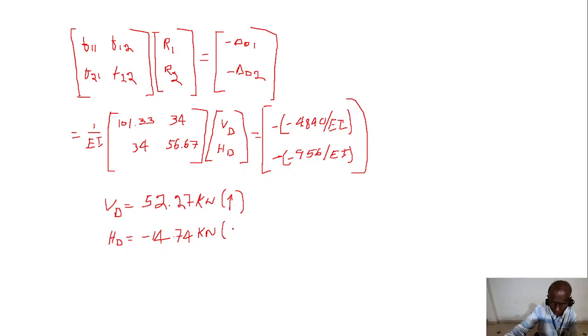So the minus sign indicates the left hand direction. So these are the reactions we will find by the flexibility method. After that we will calculate the end moments easily, whenever you get the reactions. Okay, thank you.